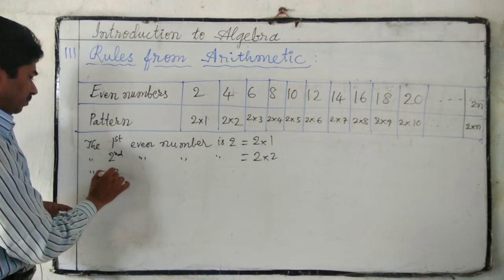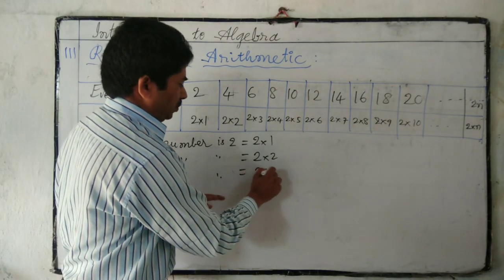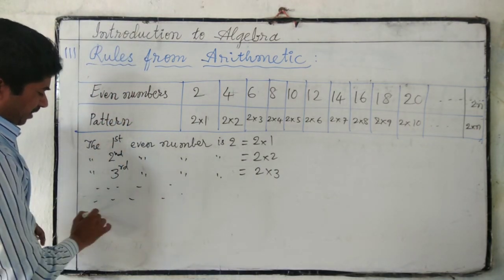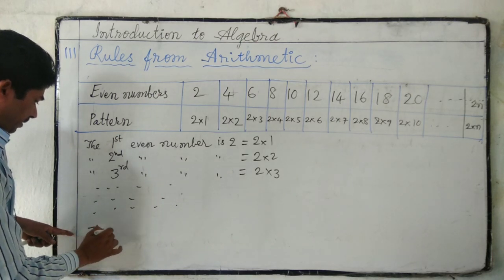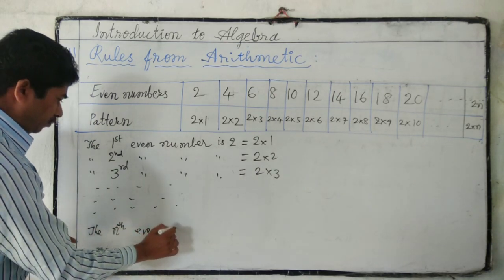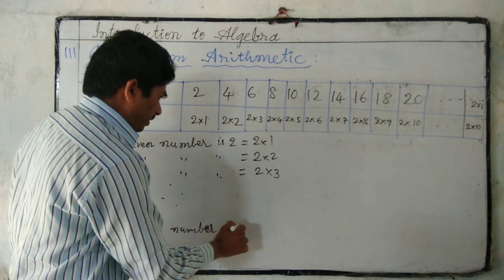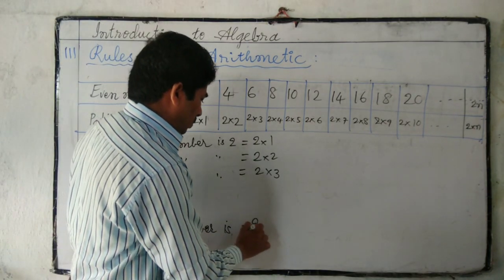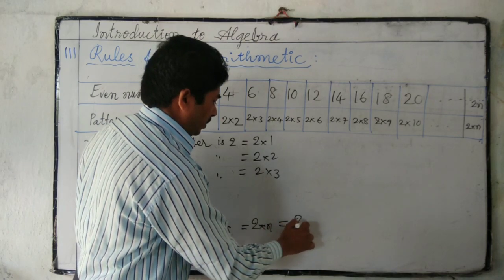The third even number is 6, 2 threes are 6, and so on. We can write like this: the nth even number is 2 into n, that is 2n.